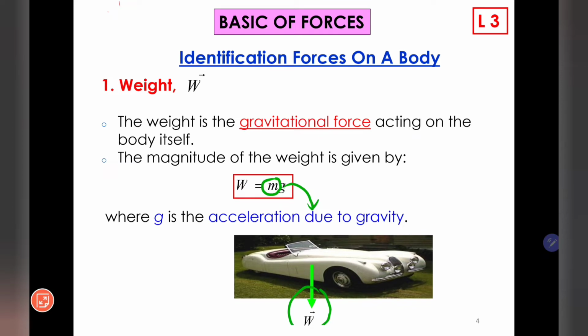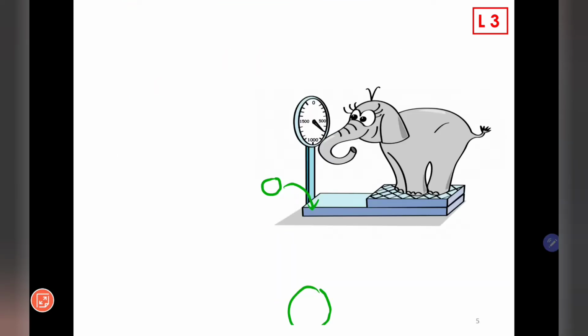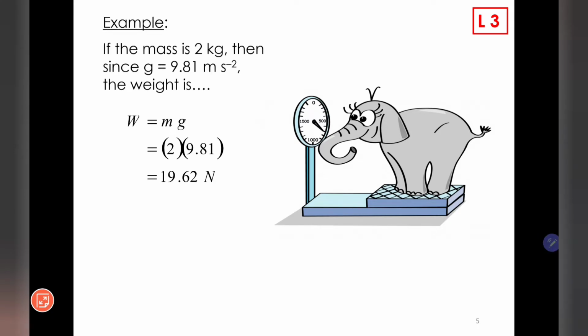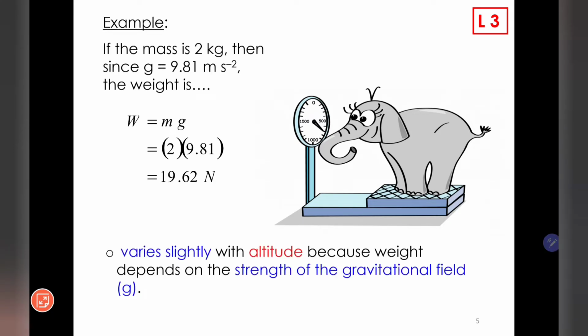Alright, for example, by giving you a mass, how do we calculate the weight? Now if the mass is 2 kg, and g equals 9.81 meters per second squared, then by using the equation W equals mg, the mass given is 2 kg, and g is just a constant, which is 9.81.